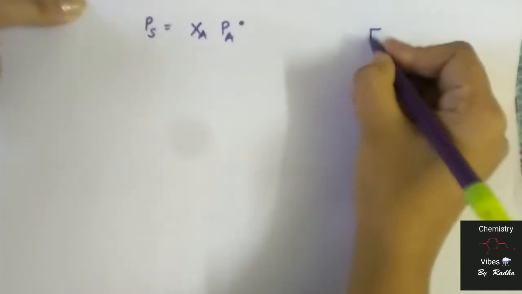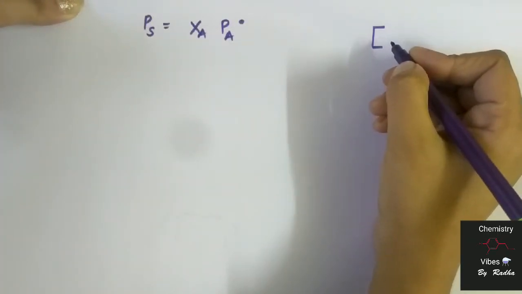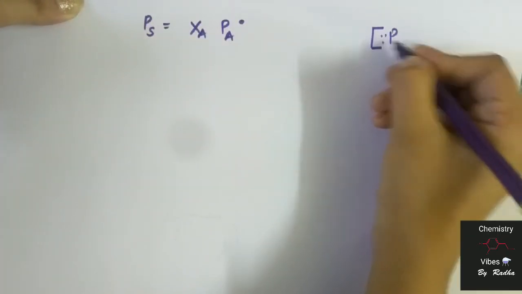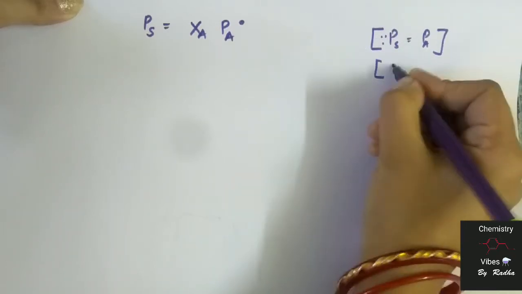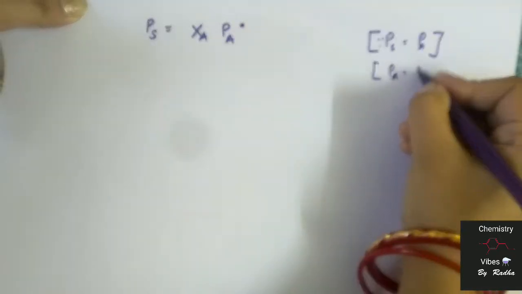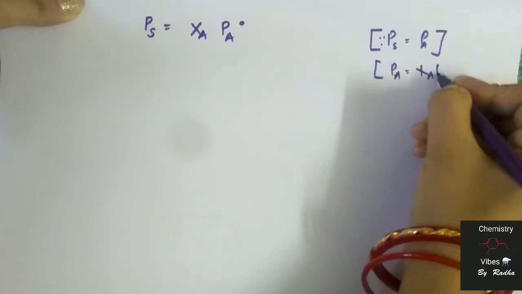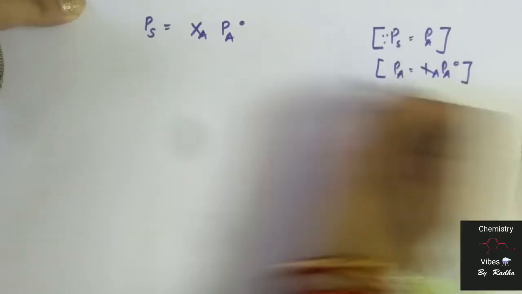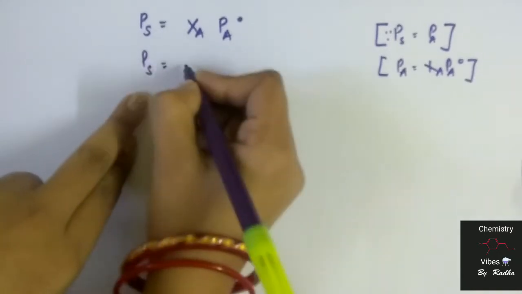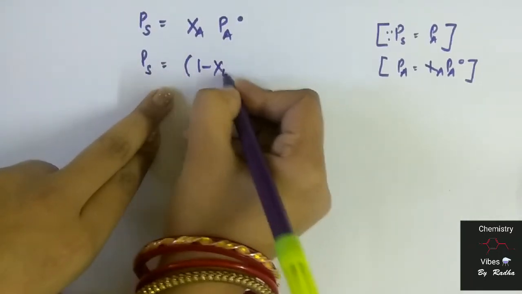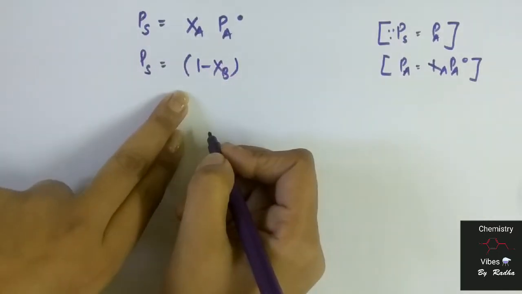Since PS is equal to PA, we are going to substitute the value of PA. From Raoult's law, PA is equal to XA into PA naught. Do you remember? Now see, can I write XA as 1 minus XB? Because XA plus XB would be equal to 1.